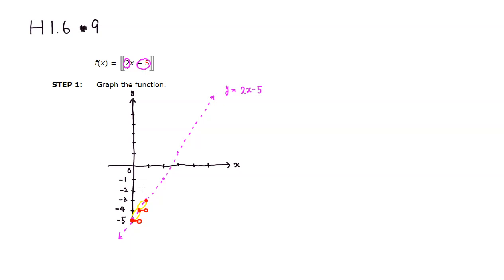Then this portion is going to be -2 point something, and it's brought down to -3 because of the greatest integer function. So you're going to see a step function. It's pretty narrow. It only goes 1/2.